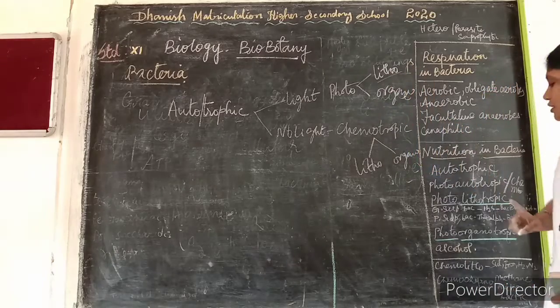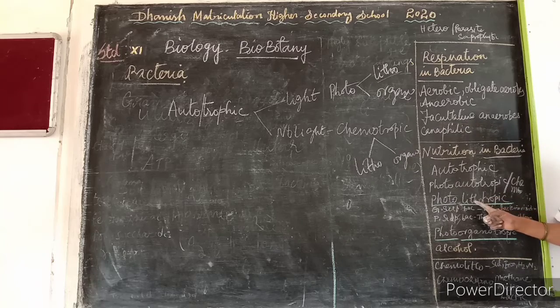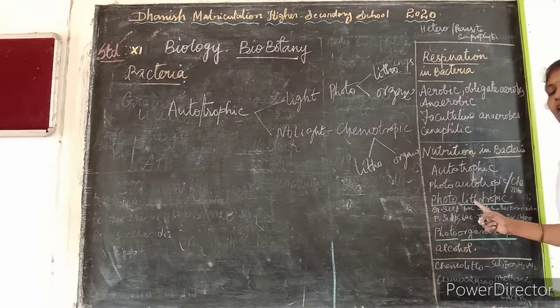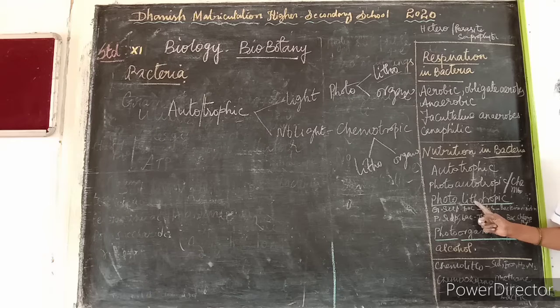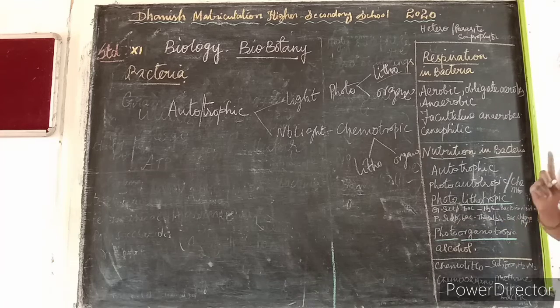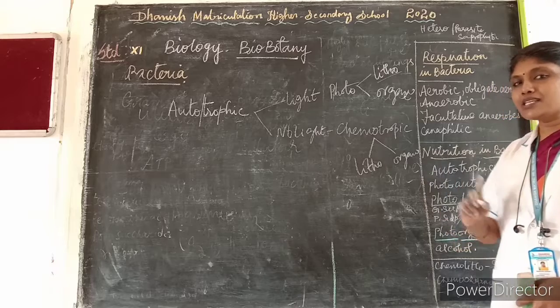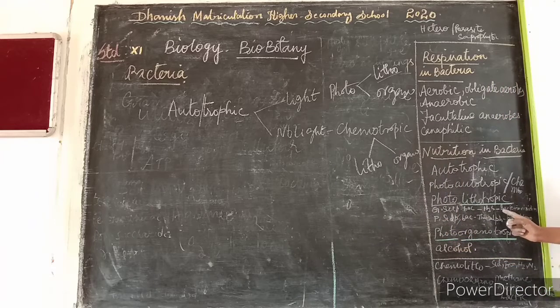Based on that, the two types of photolithotrophic bacteria you are going to study in your lesson are green sulfur bacteria and purple sulfur bacteria. They have special pigments for this purpose: bacterioviridin and bacteriochlorophyll.